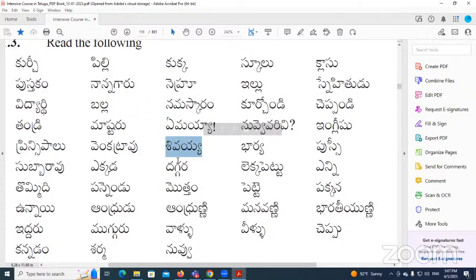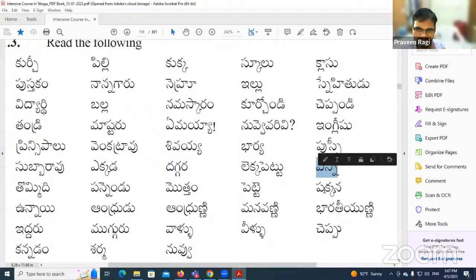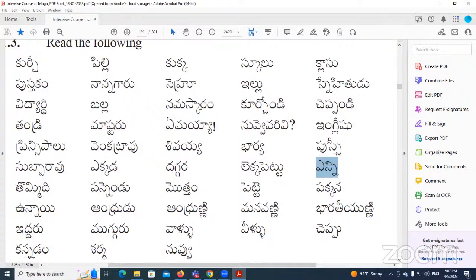Shivaya. Bharya. Wife. Pussy is also a name. Subbarao. Name. Ekada. Where. Daggara. Near. Lekapettu is to count. Enni, how many?